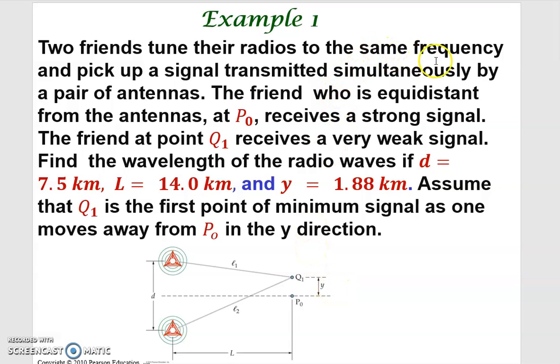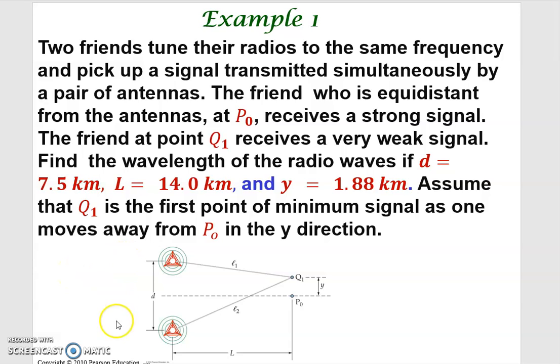First, it is the same frequency, so it is a monochromatic source. Now, the friend who is at equal distance from the antenna at position P0 receives a very strong signal, but the friend at position Q1 receives a very weak signal. So not a surprise, this is constructive and this is destructive interference. So they want you to find out the wavelength of the radio waves, because they all have the same wavelength.